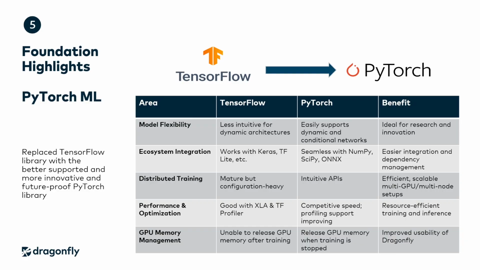PyTorch's community and research focus, widespread adoption, frequent updates, and seamless integration within Python-based workflows make it an attractive choice. It also offers improved GPU memory allocation and management. Of course, such a huge change does mean that there may be some models that are no longer compatible with the new release. We encourage you to experiment and test before making any permanent changes to your data.